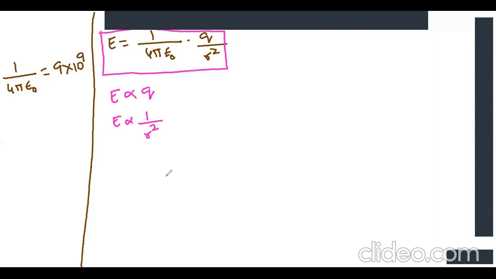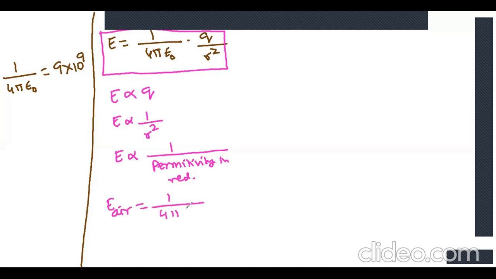And the electric field depends on the permittivity of the medium. That means if the same system is kept in a medium, the electric field changes. In air or vacuum it is 1 by 4 pi epsilon naught Q by R square.